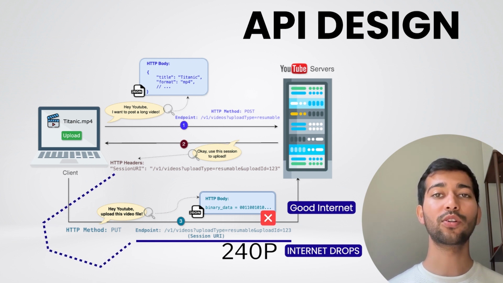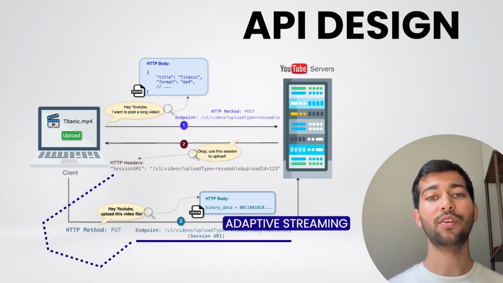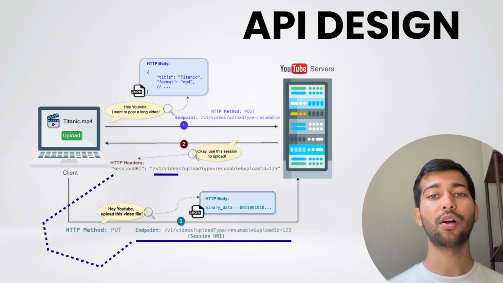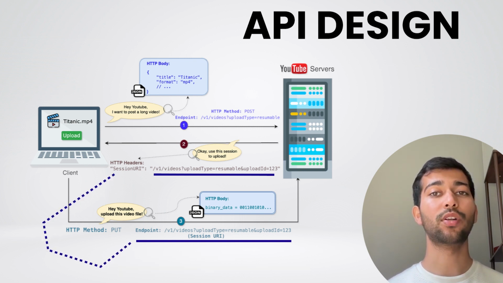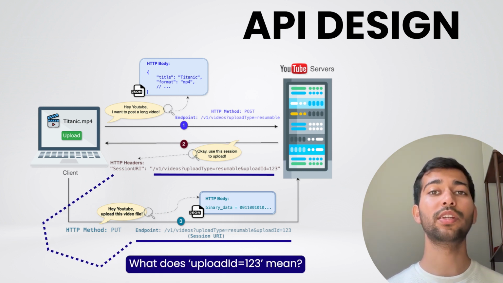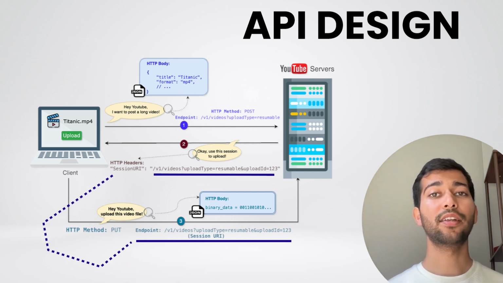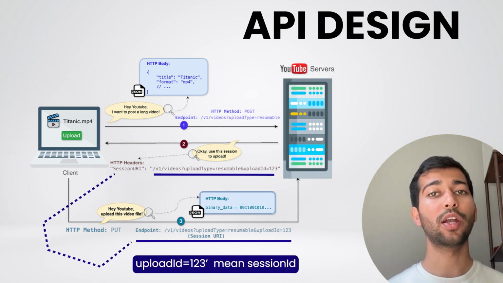The endpoint looks something like this: /v1/videos?upload_type=resumable&upload_id=123, let's say. We have already understood the v1/videos and upload type equals resumable, but what does upload ID equals 123 mean? Well, that identifies the session, that is, this session ID is 123.